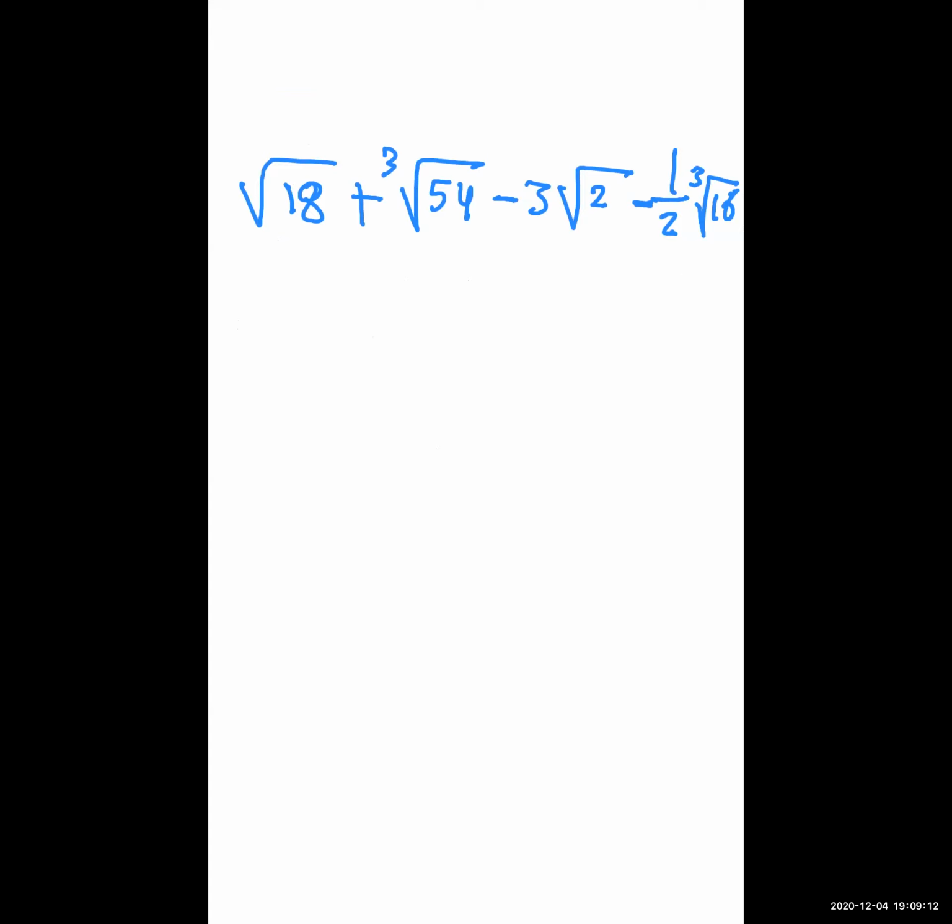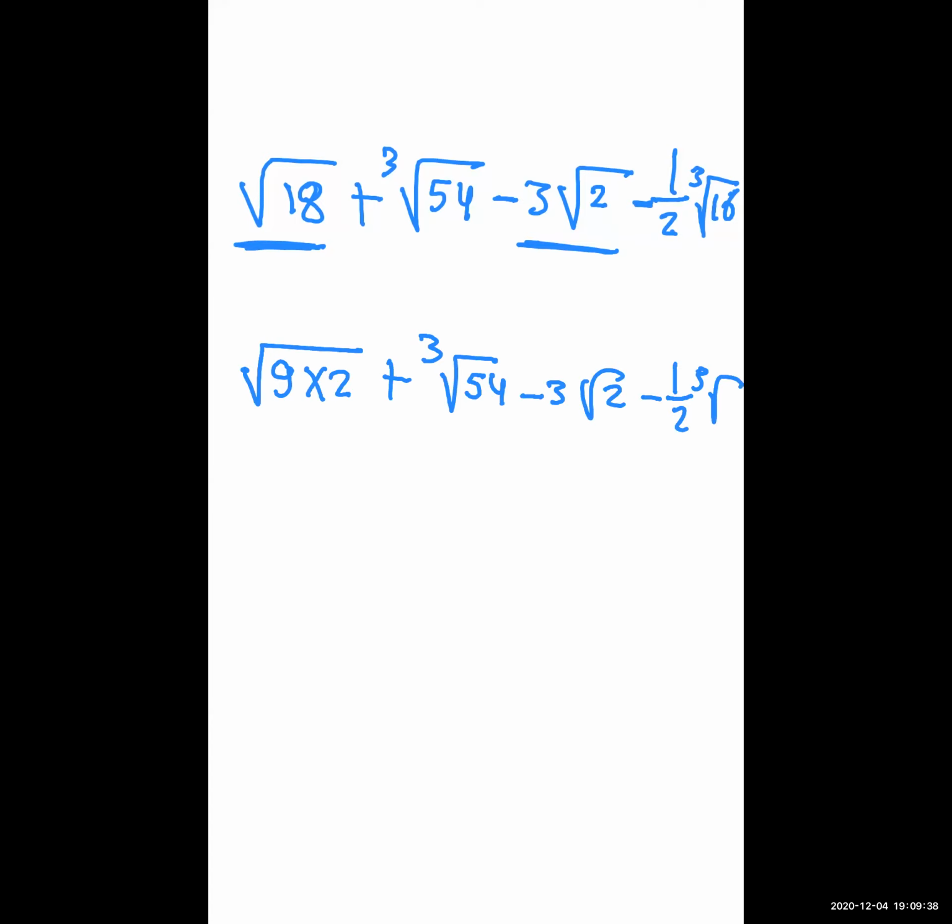Now, this one is a square root of 18 and this one is a cubic root. Let's simplify this first. Square root of 18 means 9 times 2, so this one means 3 square root of 2, plus cubic root of 54.